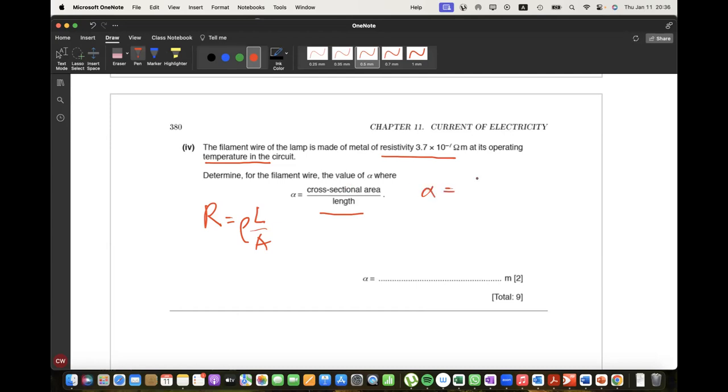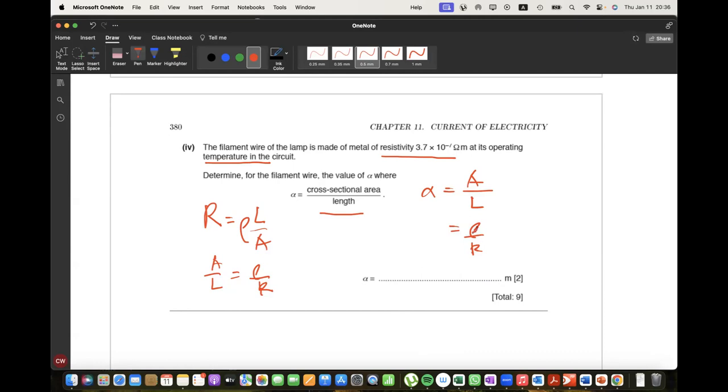It's A over L. Can you find this thing from here? A over L equals to what from here? Mathematics okay or not? How to change? Rho over R. Okay, so this is rho over R.